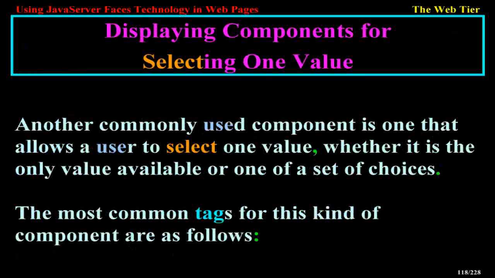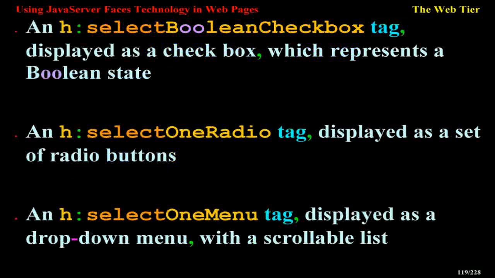Displaying components for selecting one value. Another commonly used component is one that allows the user to select one value, whether it is the only value available or one of a set of choices. The most common tags for this kind of component are as follows: an h:selectBooleanCheckbox tag, displayed as a checkbox, which represents a Boolean state. An h:selectOneRadio tag, displayed as a set of radio buttons.